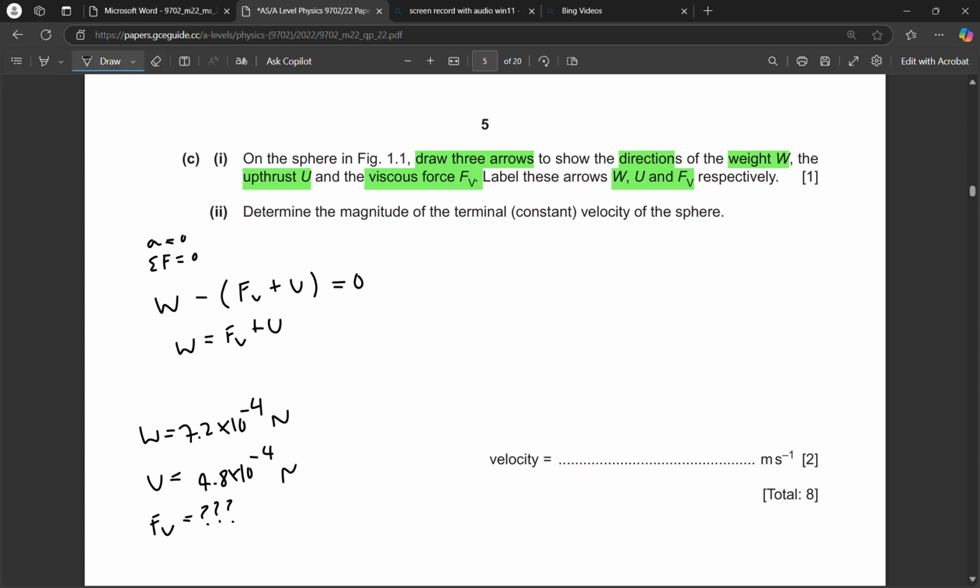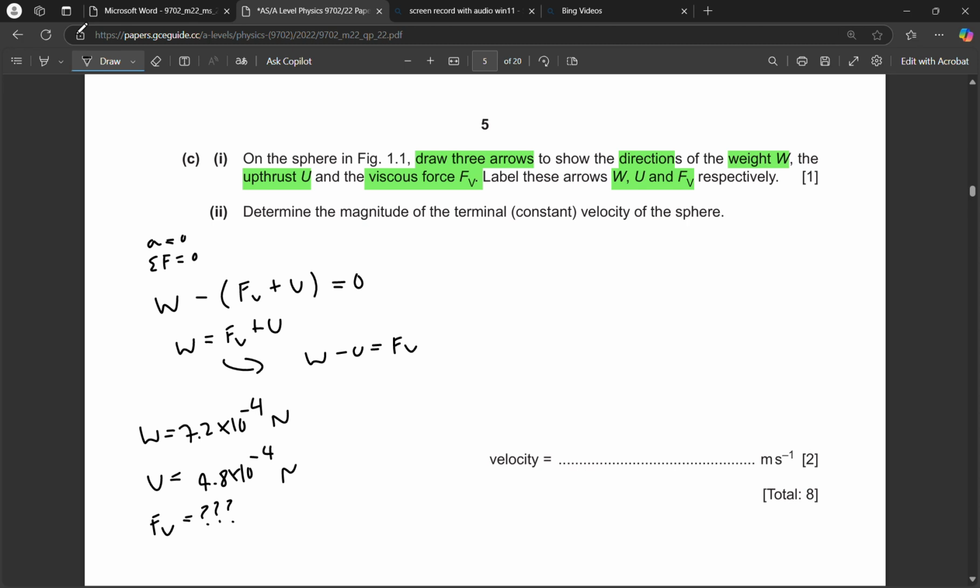If we want to find FV, we can just start from here: W minus U is equal to FV. The reason why I can't write FV equals KRV and just figure out V is because the question is asking me for a velocity, and I don't even have the velocity yet, and I also don't have the viscous force. There are two unknowns, and when you have two unknowns in your expression, you're pretty much stuck. You have to immediately find another way of solving that question.